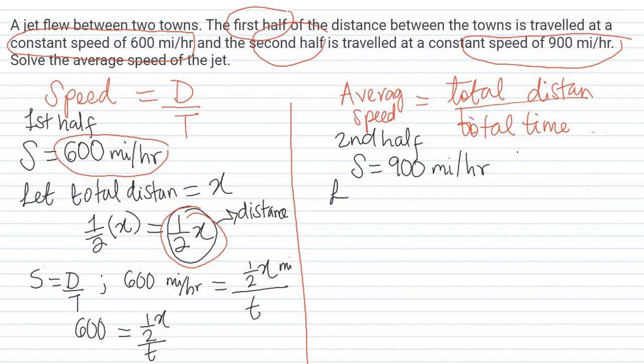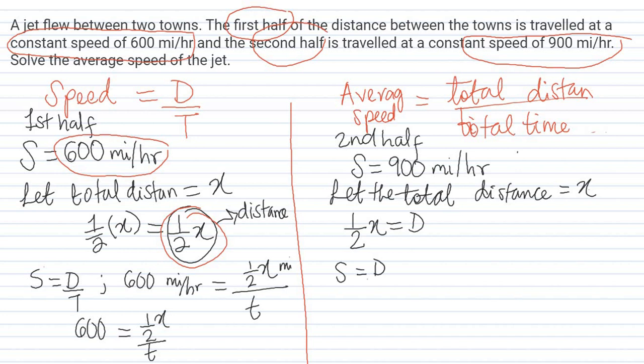We're going to let the total distance equal x. So the second half is just going to be the same thing, 1/2 x equals d. So speed equals distance over time.